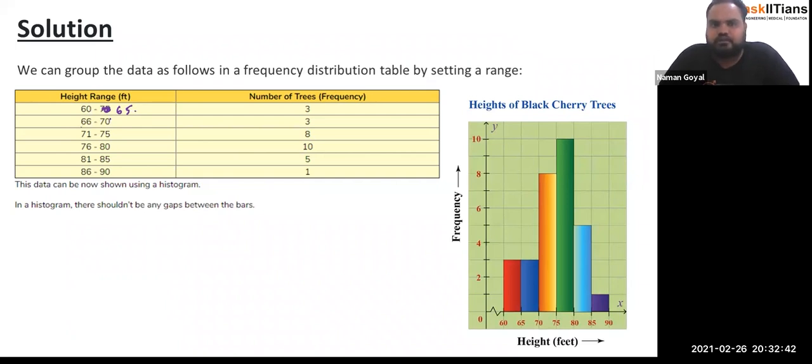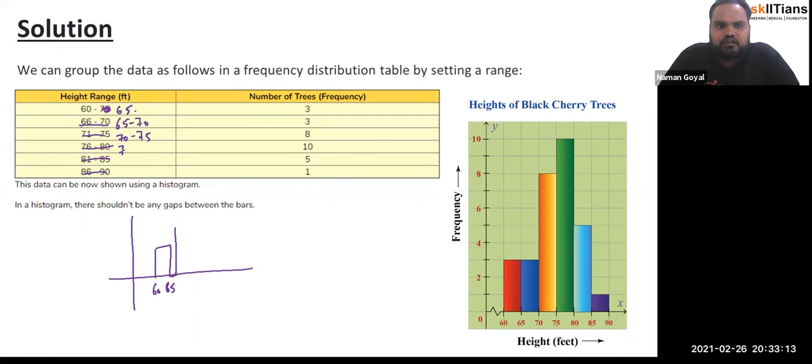But the point is, if we take 60 to 65 first, and then 66 to 70, we have to leave a space. So for this one I change all of them. So it becomes 65 to 70, 70 to 75, 75 to 80, 80 to 85, and 85 to 90.